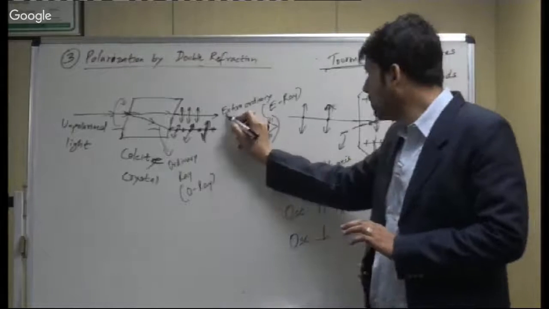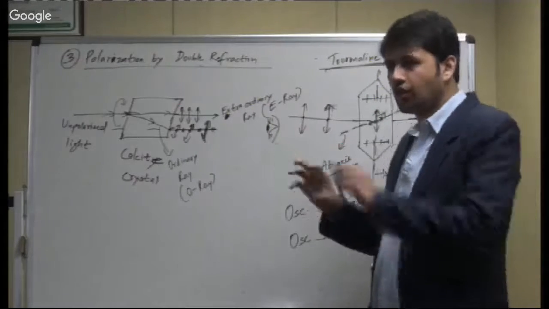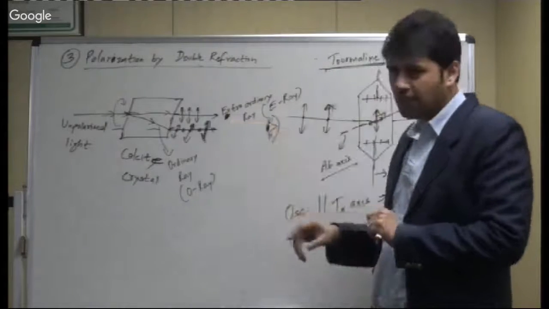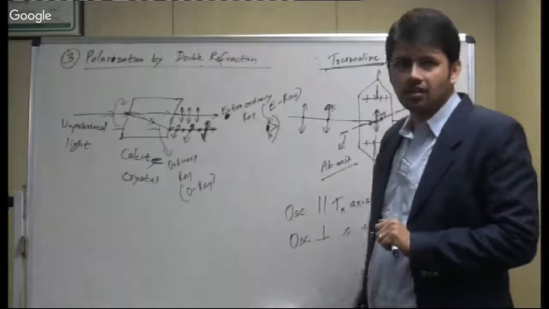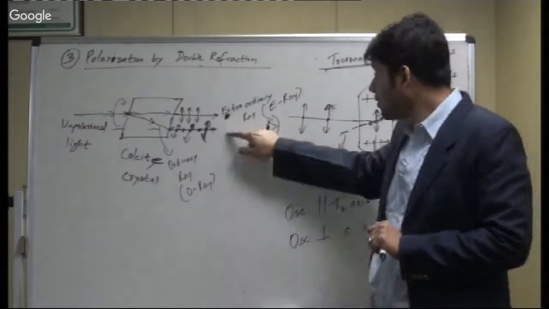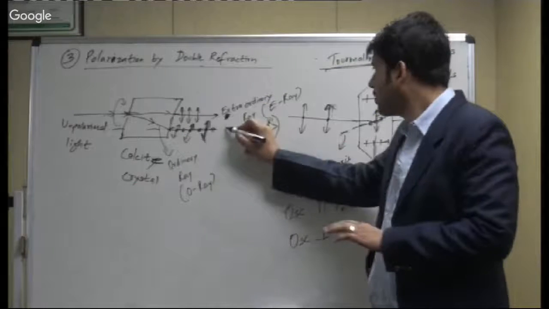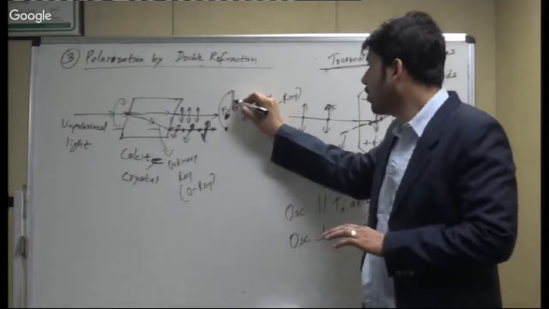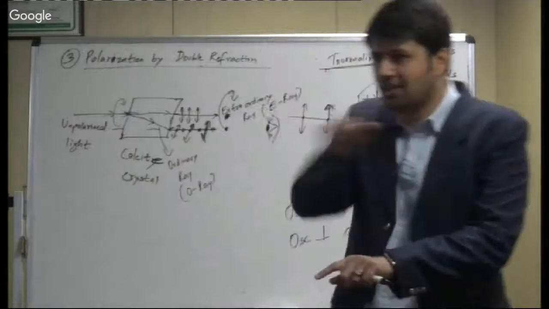So the image formed here would be located at the same position, but as it rotates, the O ray rotates with it. So the image formed by the O ray would rotate as well. We would see two images, one at the center and the other rotating around.